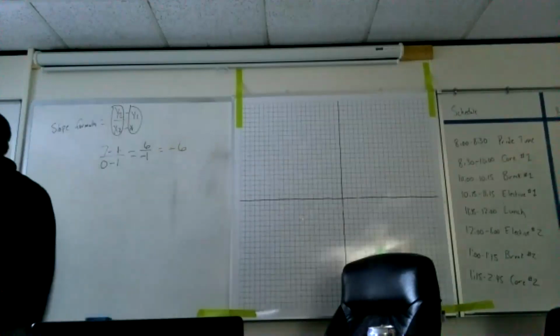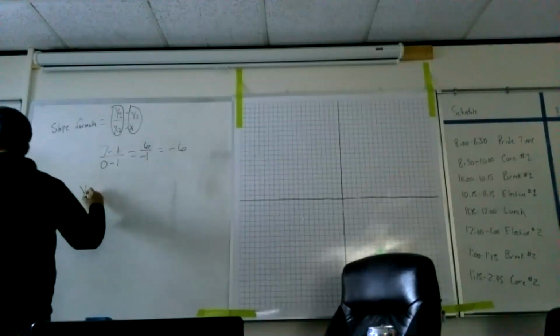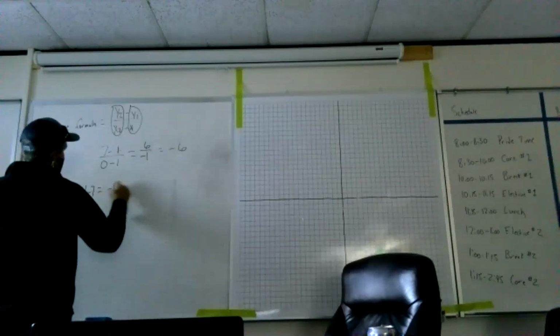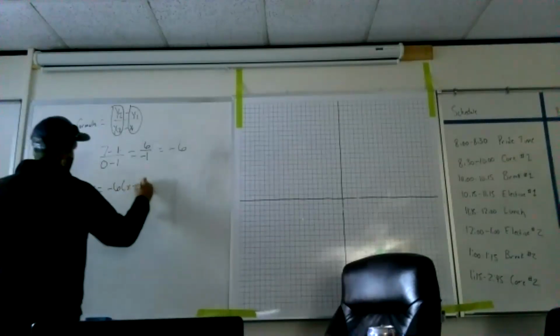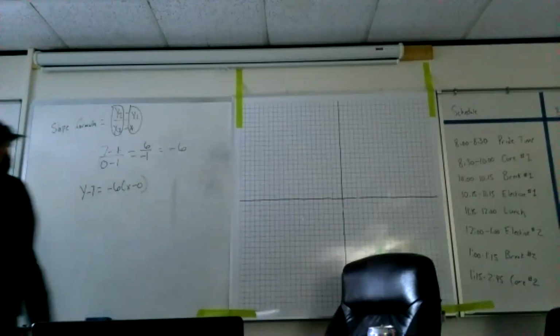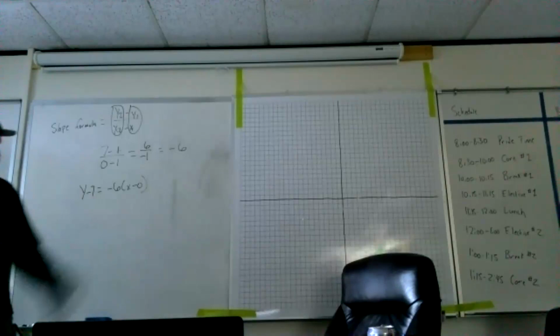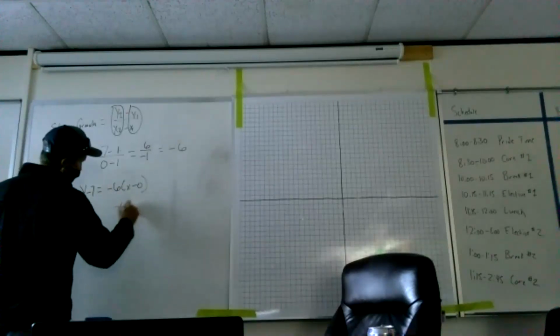Now I plug it into my point slope form. Y minus 7 is equal to negative 6 times x minus 0. Okay, so once again, simplifying it, distributive property on the right, negative 6 times x is negative 6x.